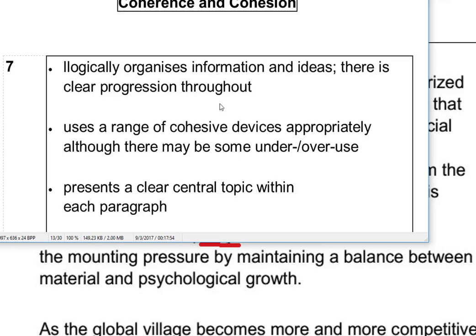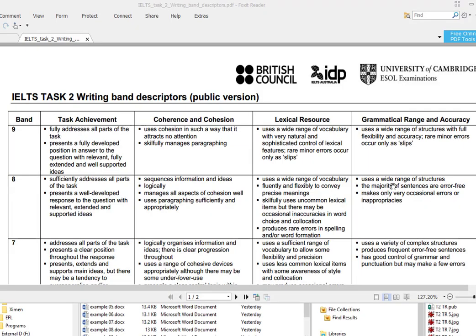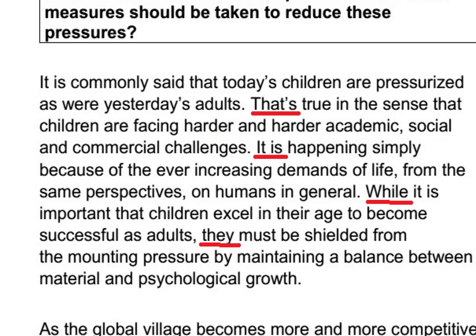So, for coherence and cohesion, a pretty good score might be awarded to this piece of writing. Okay, now the next criteria is lexical resources. Let's look at the vocabulary that was used.